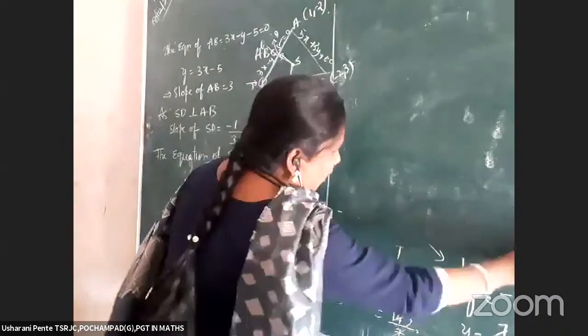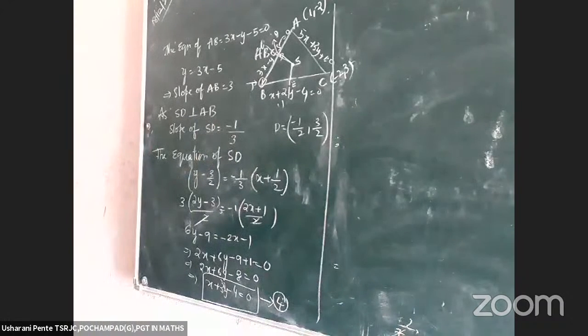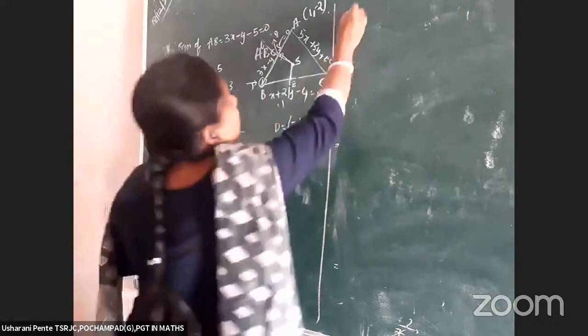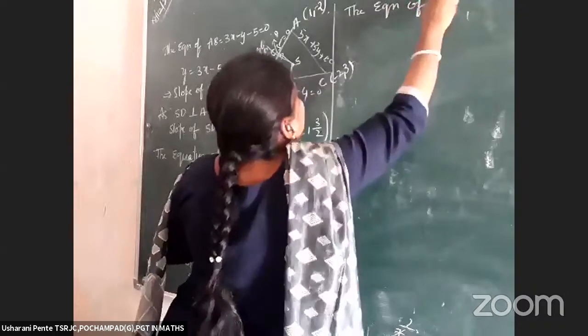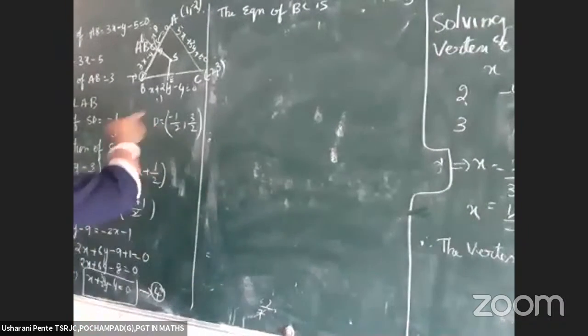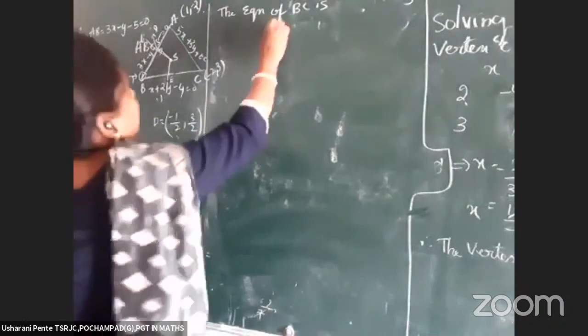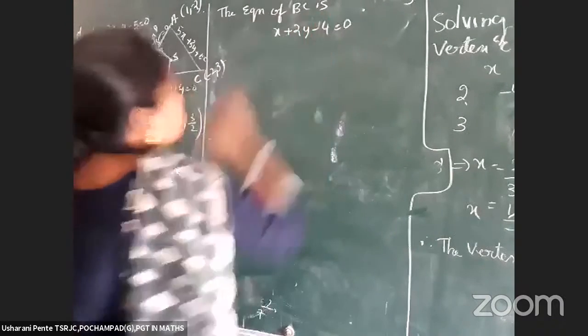Now we will find the equation of SE. Here, the equation of BC is how much do we have? The equation of BC, what they have given, is x plus 2y minus 4 is equal to 0.